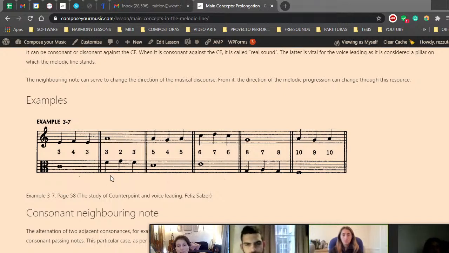They're always on the second crotchet. And then from here, imagine that if we continue this line, instead of going downwards, we're going to go upwards. That's why the neighboring note is a very easy way to change the direction of the musical discourse.